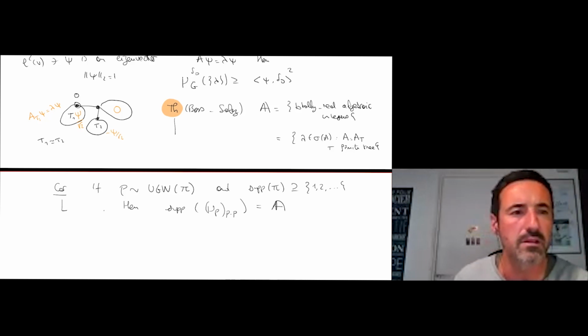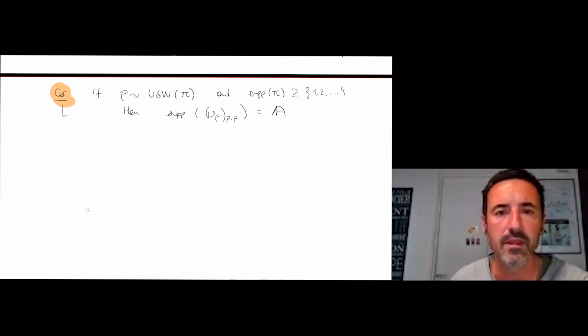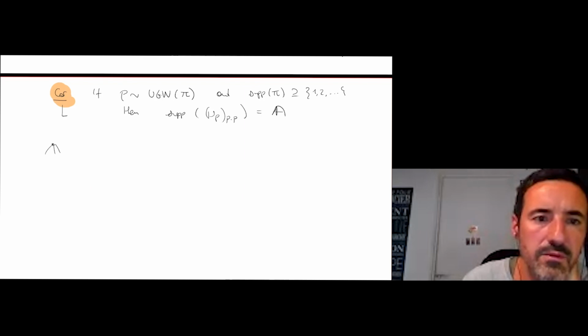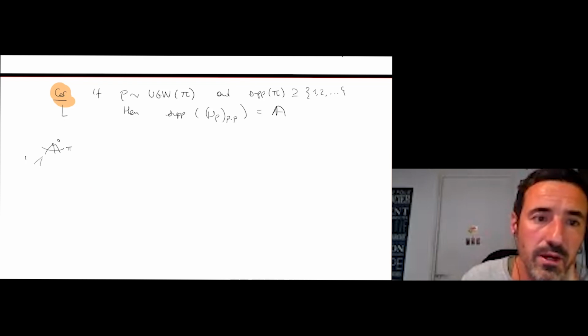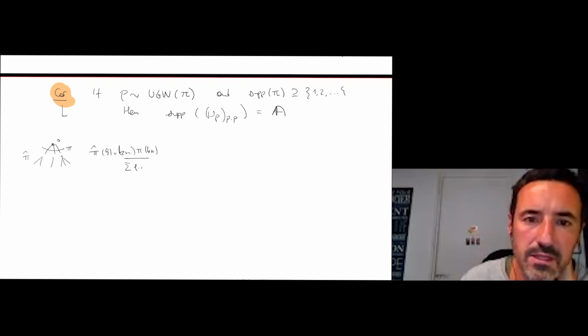So I will recall what the unimodular Galton-Watson tree is. You start with the root, and it has a number of offspring with law pi, and all the others have a number of offspring with law pi hat, which is a size bias of pi, where pi hat of k is k plus 1 times pi of k plus 1, divided by a normalization so that it is a probability measure.